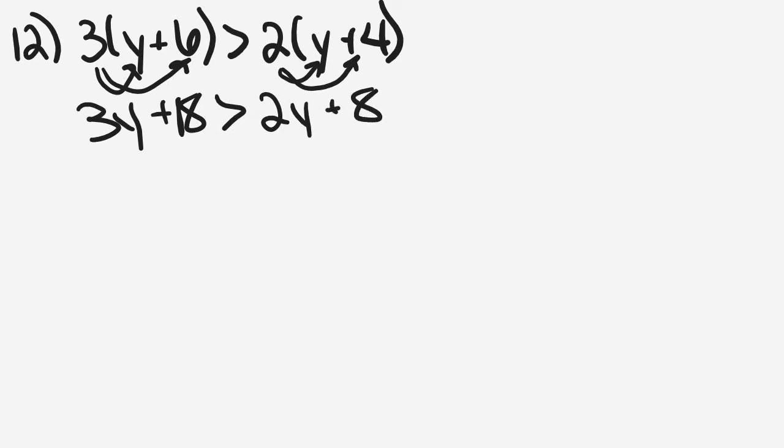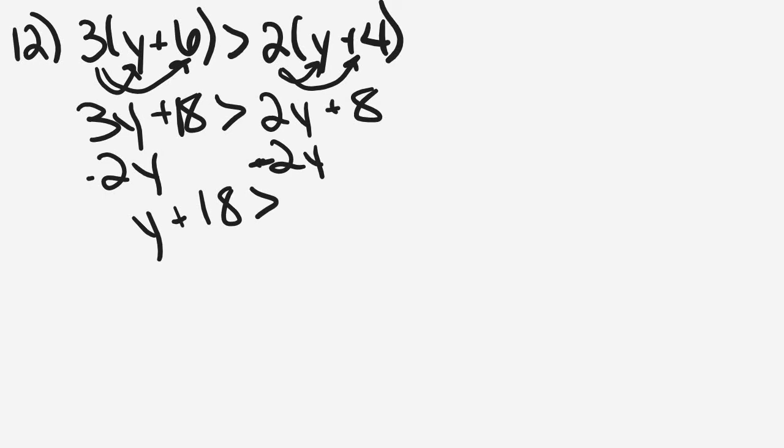Success. All right, now we want all the letters to one side and all the numbers to the other. And you know me, I like to keep things positive, so I'm just going to move this 2y over here. So 3y minus 2y leaves me with just y, 1y, right? We don't have to write the 1. And then plus 18 greater than 8.